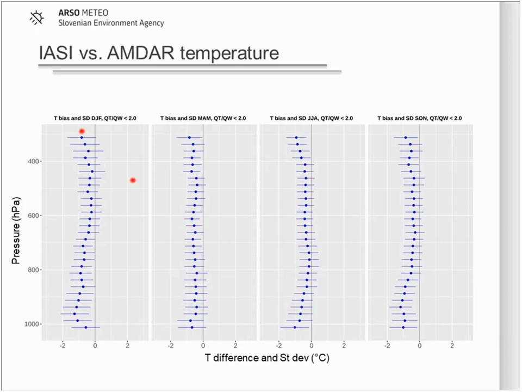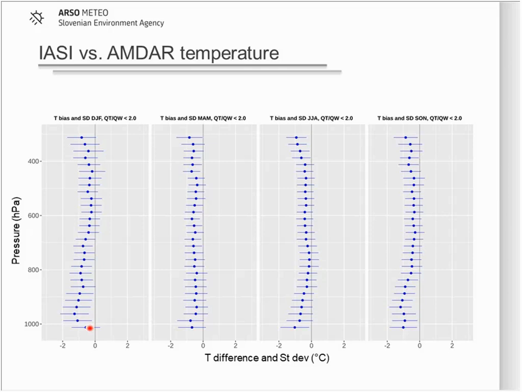And what we can see is that the spread, the standard deviation here, is quite similar in all seasons. A little bit larger in the winter, and we see this kink here in the winter with the largest difference between AMDAR and IASI, and this is due to temperature inversion situations.